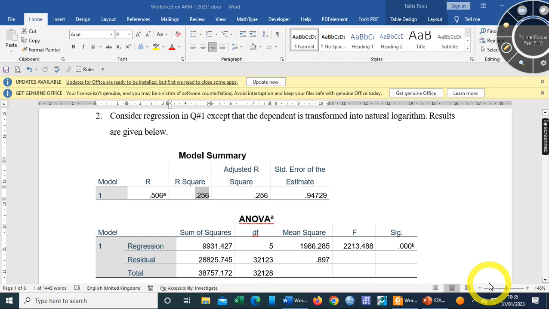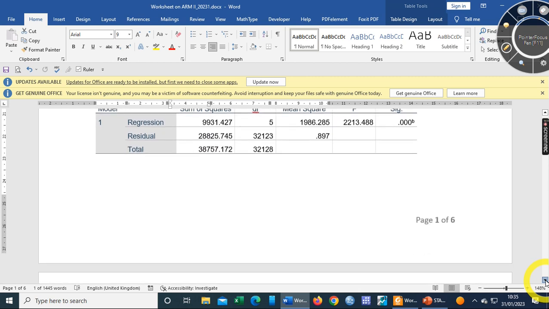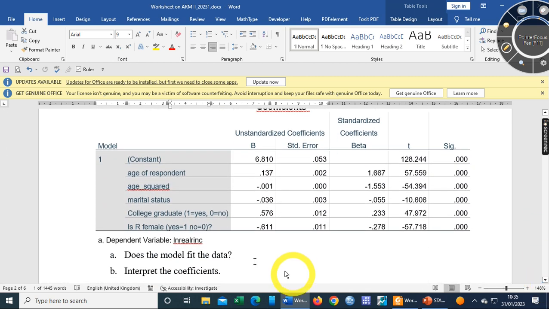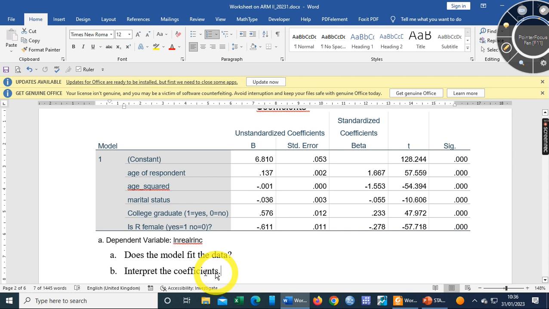The remaining variation is attributed to the error term, the disturbance term. Therefore, the model fits the data very well because the p-value of the r square is less than 0.05.